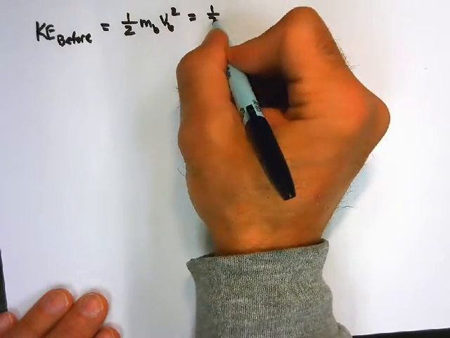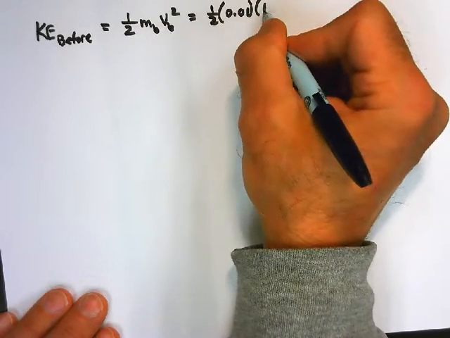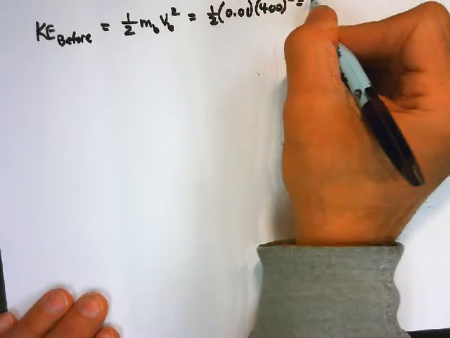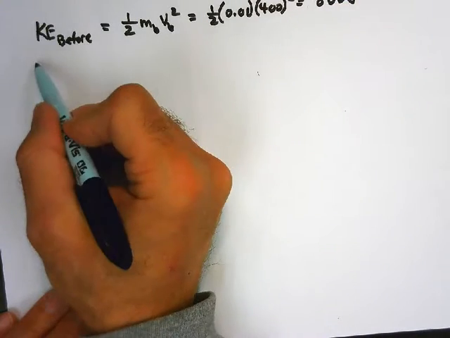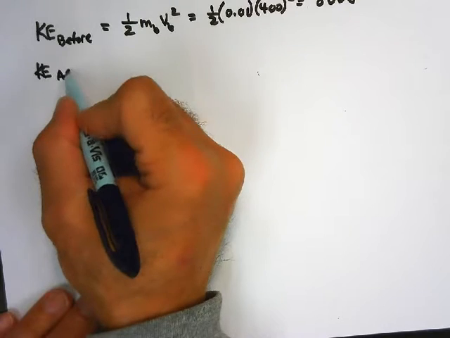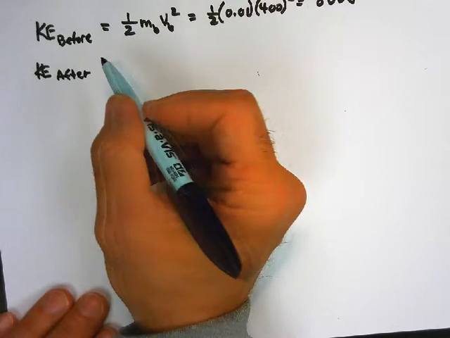So that's 1/2 times 0.01 times 400 squared, and that equals 800 joules. How about the kinetic energy after the bullet sticks in the door?